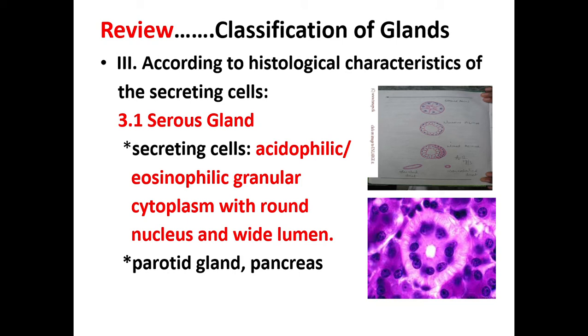This is best exemplified by the parotid gland and the pancreas. In the illustration, you can see the serous gland with the acidophilic cytoplasm, round nucleus, and the lumen.